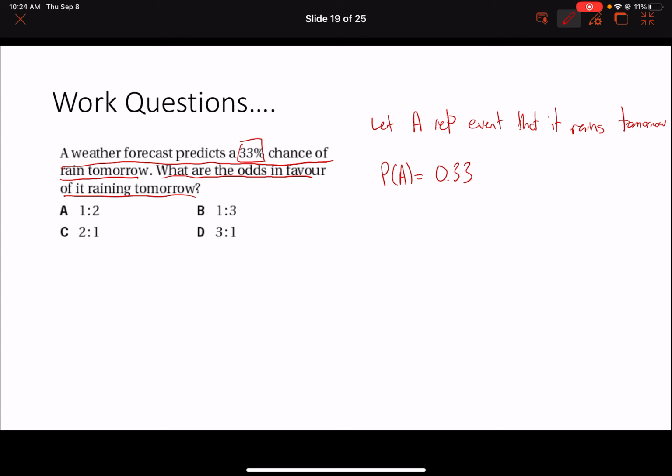And P of not A is 0.67, which is 1 minus 0.33. That's how I got that: P of not A equals 1 minus P of A, so 1 minus 0.33 equals 0.67. That's where I got that answer from. Okay, so the odds in favor.